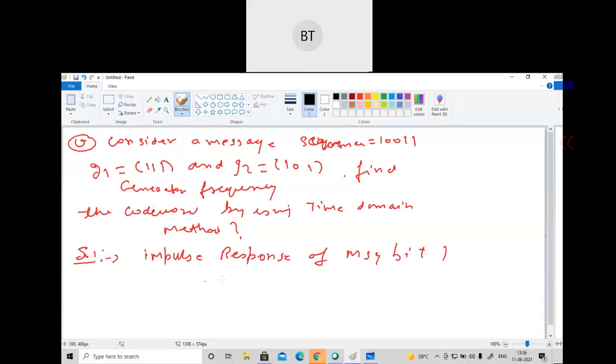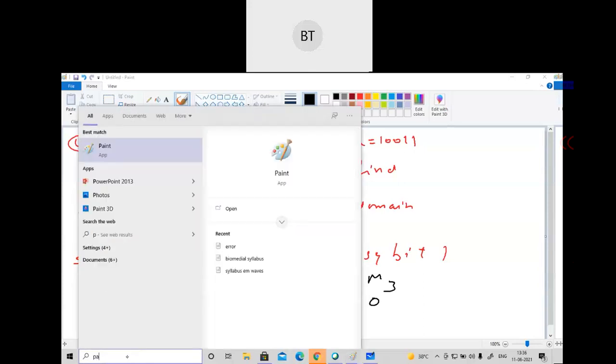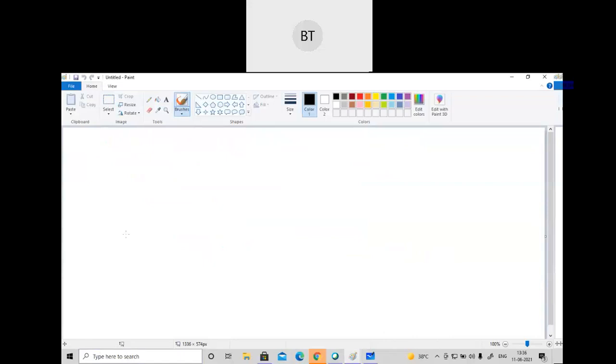3 shift registers are used, 3 bits are there. So I can write here M1, M2, M3, and here reset, which will be 0, 0, 0.